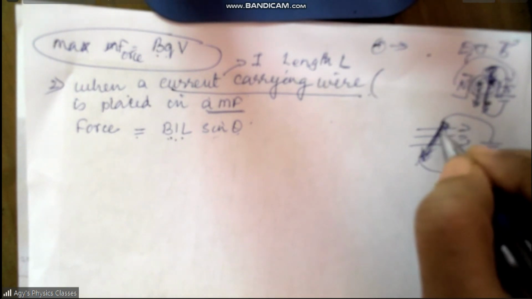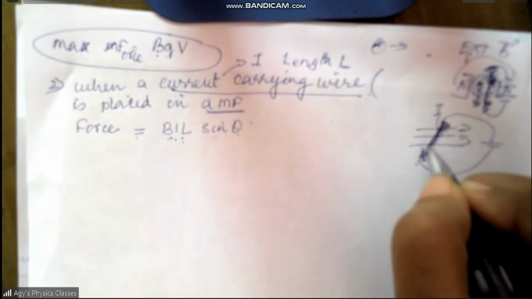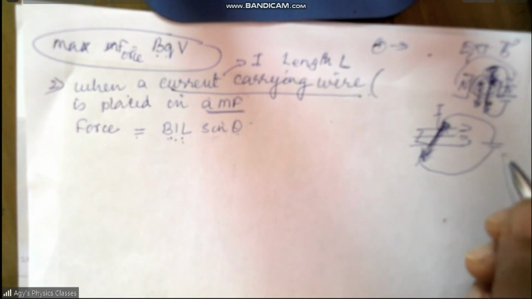So I is the current passing through and L is the length of this wire. A wire placed in a magnetic field, then the force is this much.